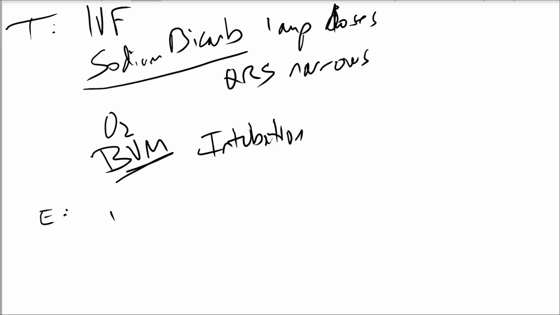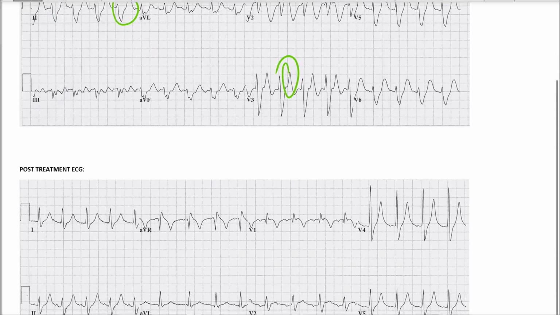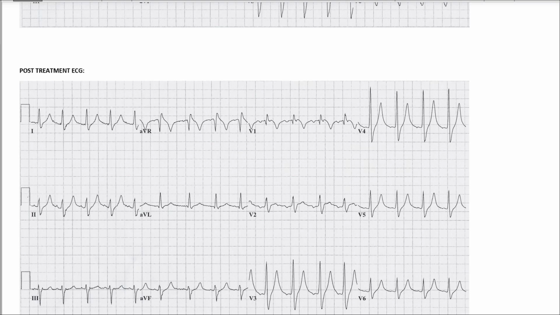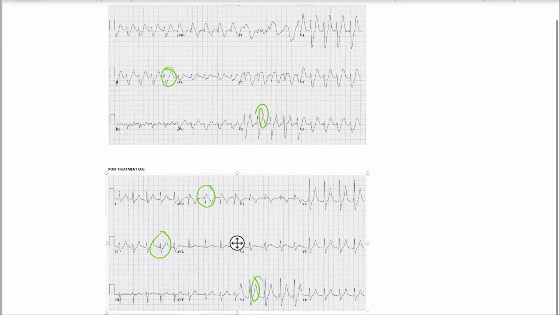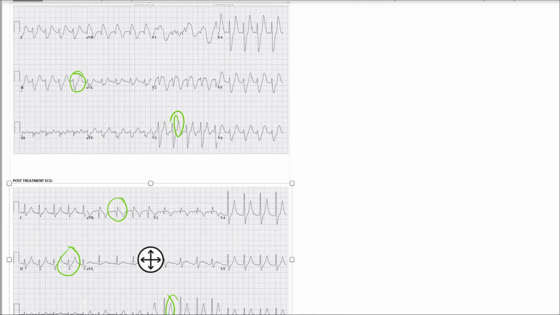In terms of the reevaluation, the patient's going to be monitored, so watching the monitor strip is helpful. But if we look at her 12 lead after treatment, we notice that the QRSs now are much narrower. That looks a lot better. We still have our peaked T waves, but when we compare the two EKGs, there's a pretty marked difference.